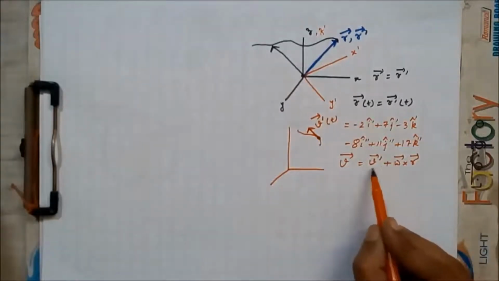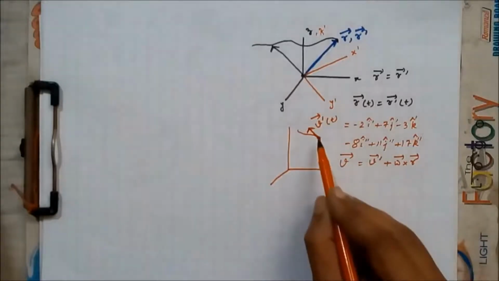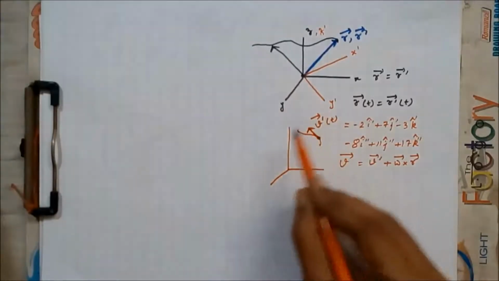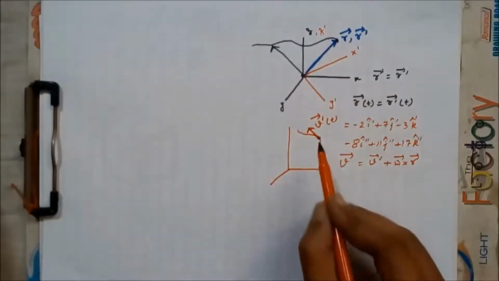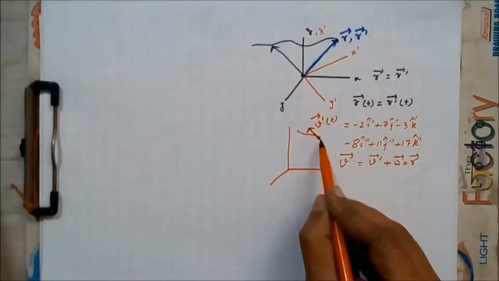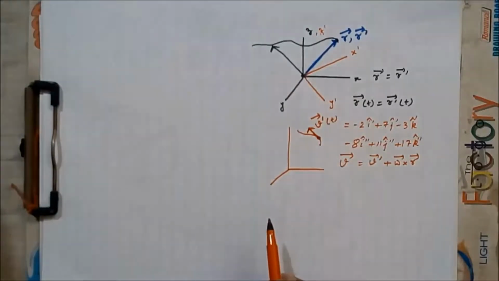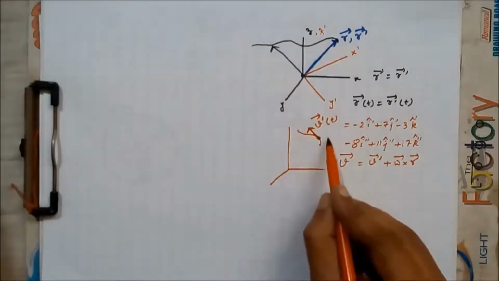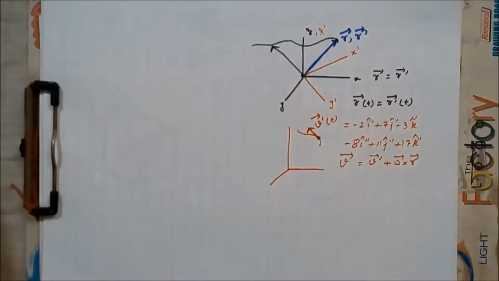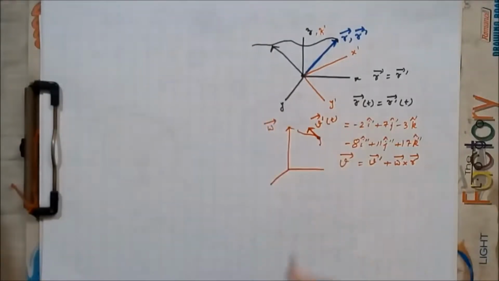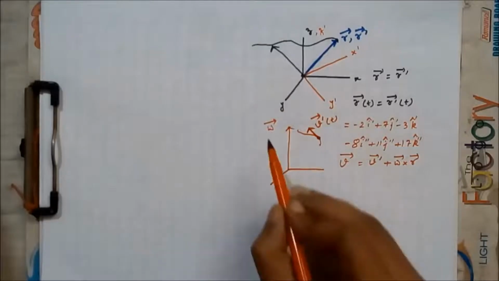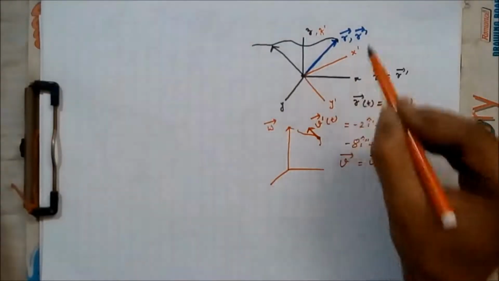Now, v primed is the velocity of the particle as seen from the primed frame of reference, a specific vector that we have already defined, and this vector at that particular instant of time exists independently of the frames of reference we are trying to describe it from. Omega is also a vector that exists independently of all the frames of reference. Same goes with r.